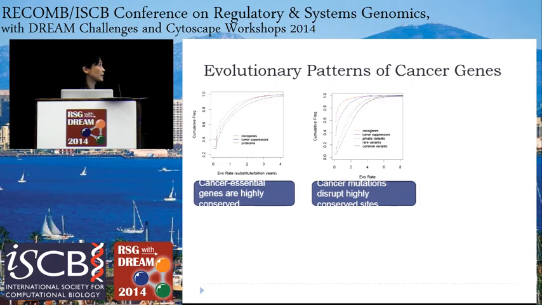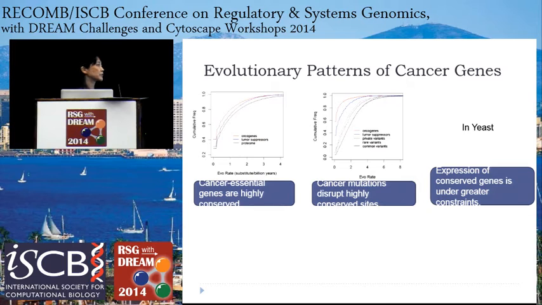Furthermore, if we find cancer driver mutations occurred in oncogenes, they occur on highly conserved sites. On the other hand, if we just sample the human population, those are healthy people, they carry mutations on fast-evolving sites.